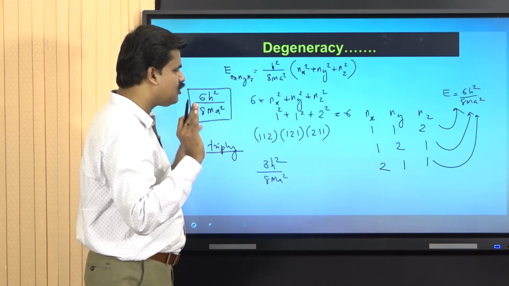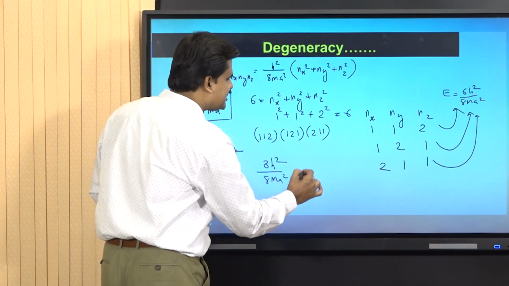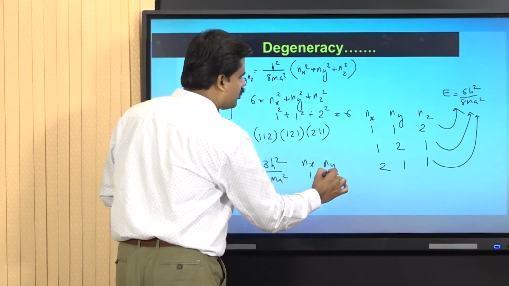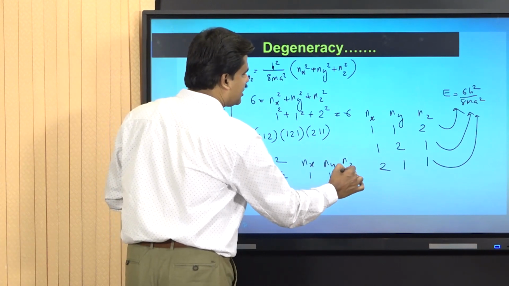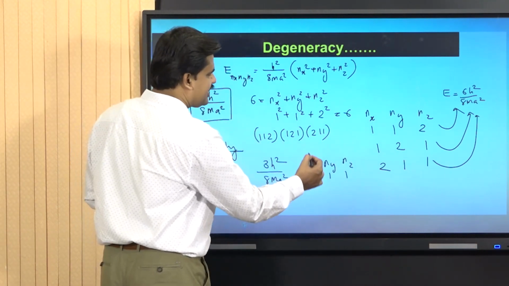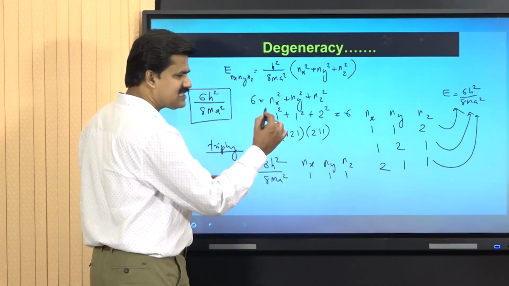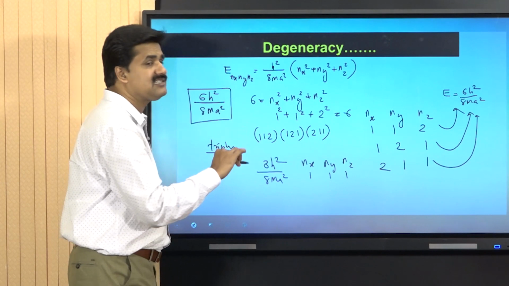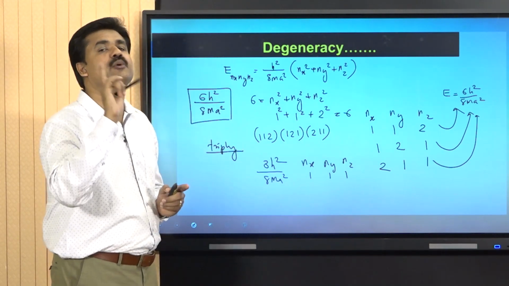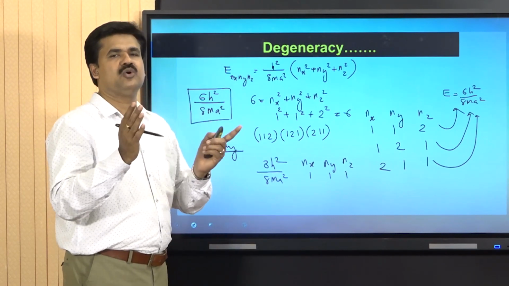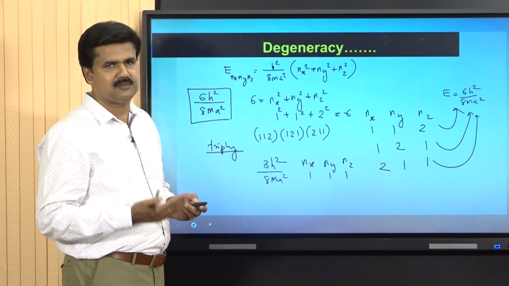And that is only possible for the arrangement nx equal to 1, ny equal to 1 and nz also equal to 1. Therefore, nx square plus ny square plus nz square is 1 square plus 1 square plus 1 square. That level has only one possible arrangement. Since all the quantum numbers are the same, no further arrangement is possible.